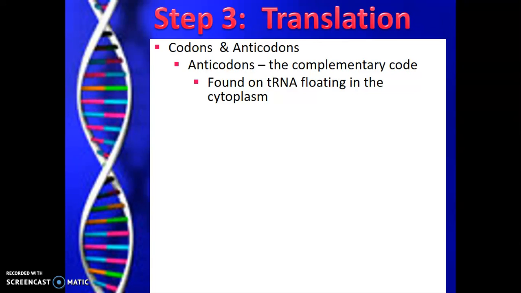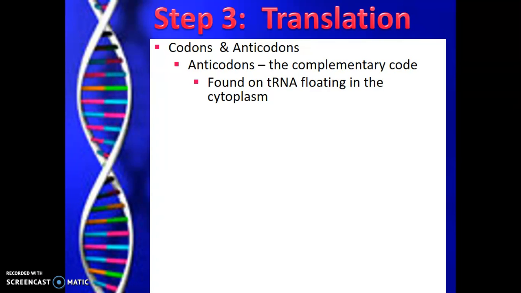Okay? So if your mRNA says AGG, okay, that's your codon, then the anticodon you're looking for on the tRNA is the opposite. Okay? So A starts with U, G with C, G with C. So your anticodon to AGG would be UCC.